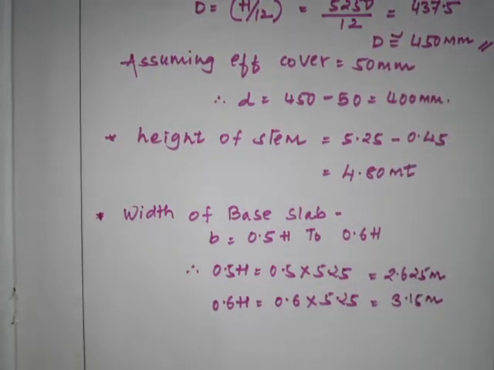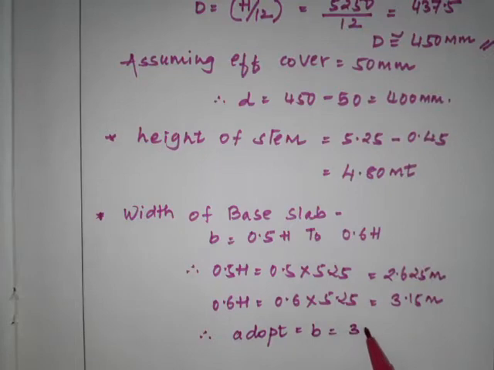So we have to assume the width of base slab between these two range, that is 2.625 to 3.15 meter. Okay, so therefore adopt, so for design I'll assume B, that is width, as 3 meter. So we got the width of base slab also, that is 3 meter.